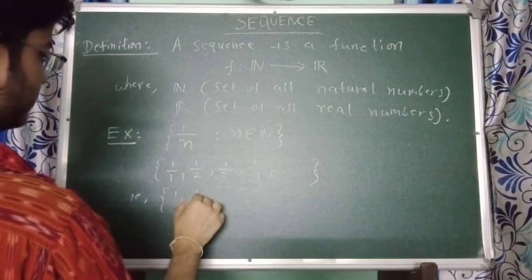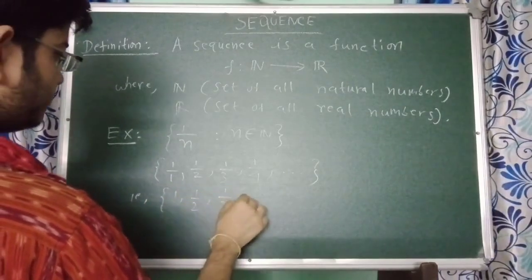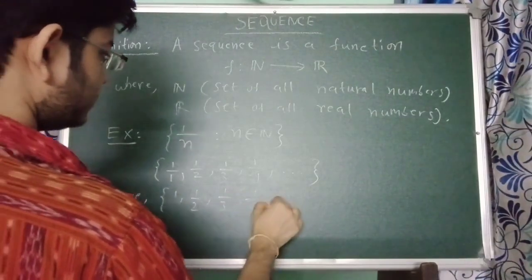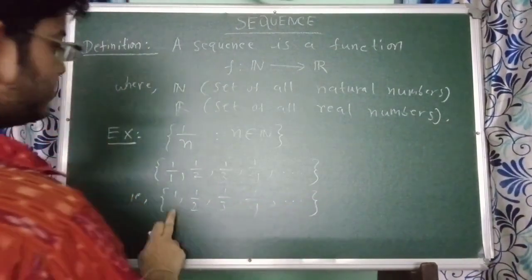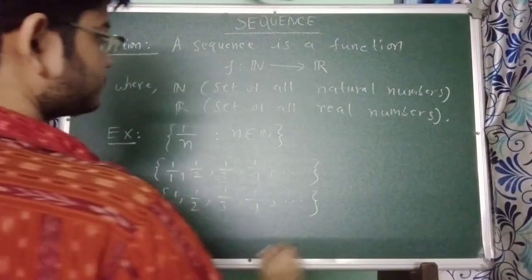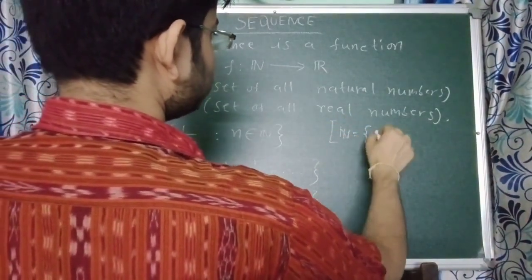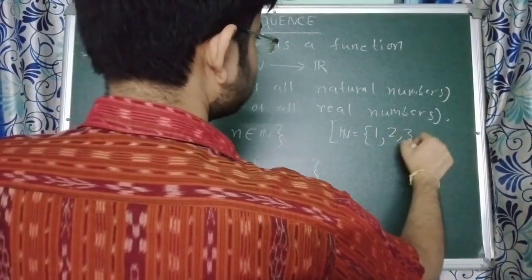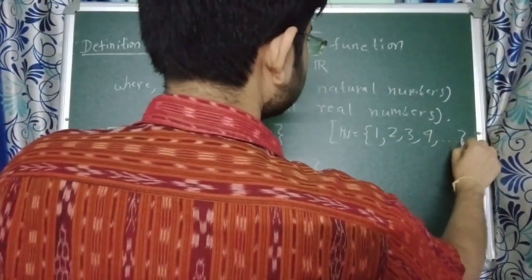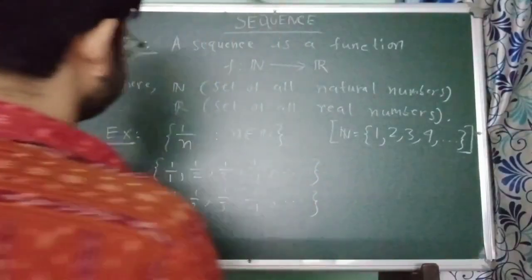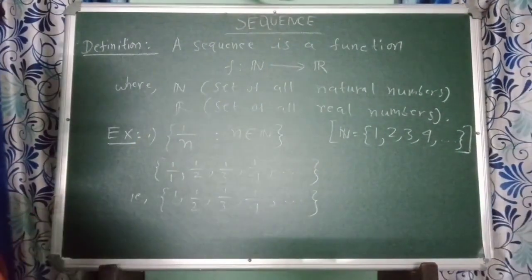This is the original sequence. Here note that n equals 1, 2, 3, 4 and so on. So this is the first example.